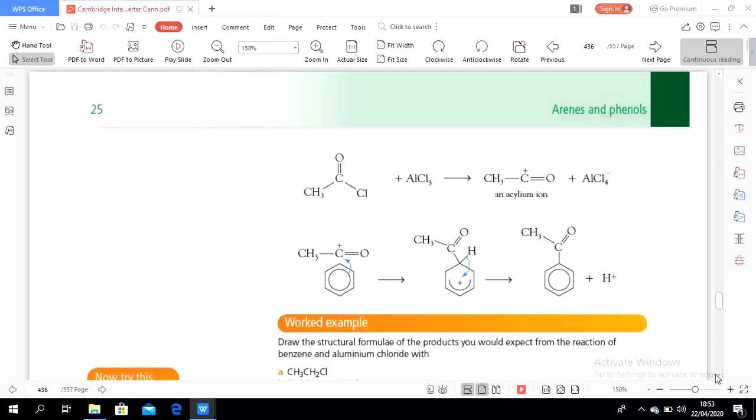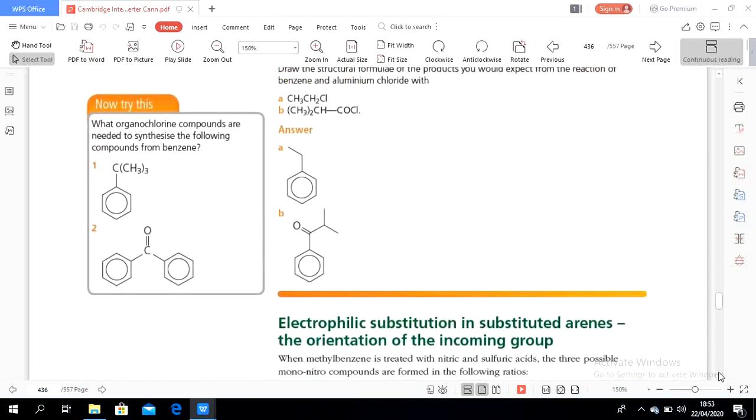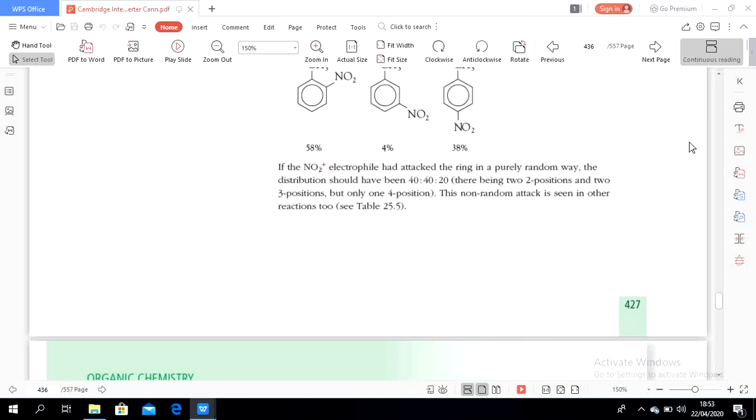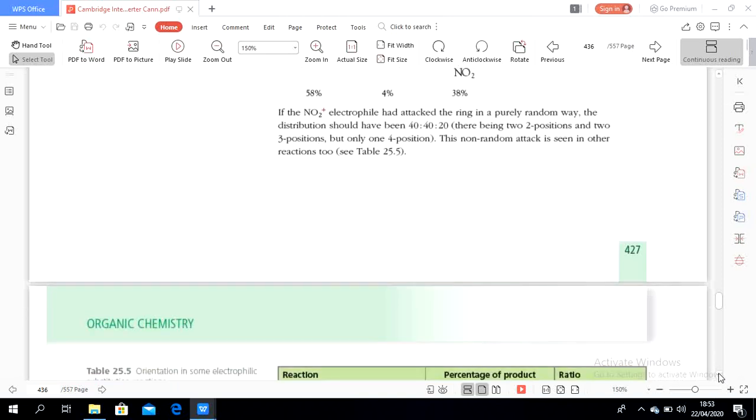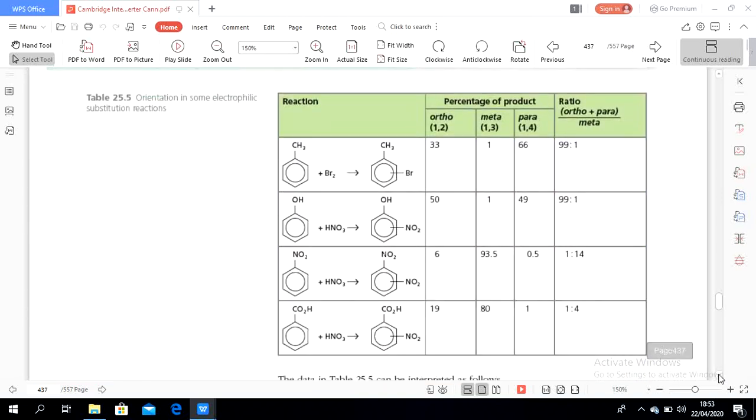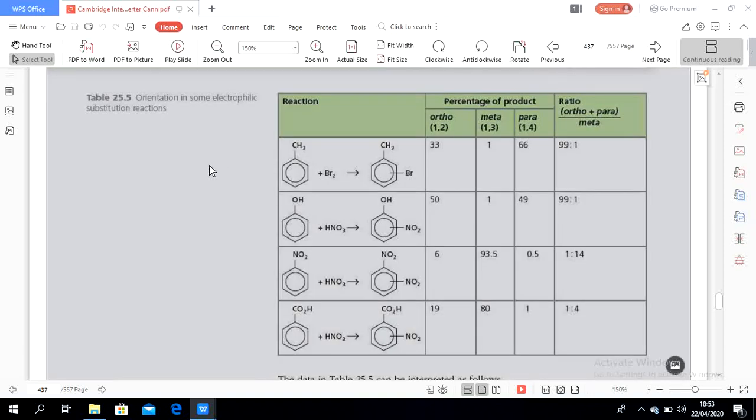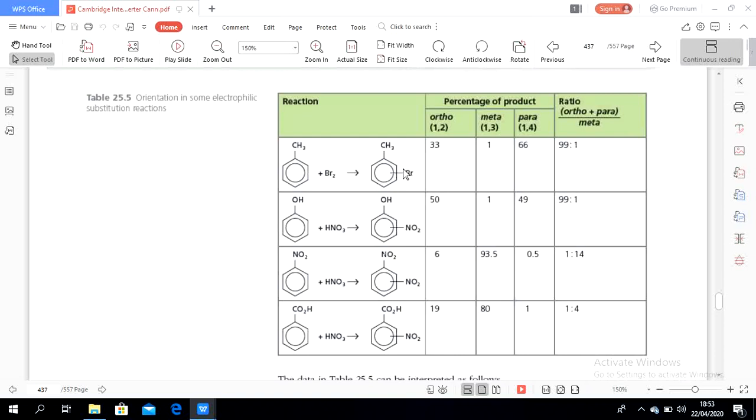Let's see the structure of benzene when there is one more functional group added. So here CH3, here in the position of this one, and then this one in the position of 2. So there is a high possibility, so 2 and 4.